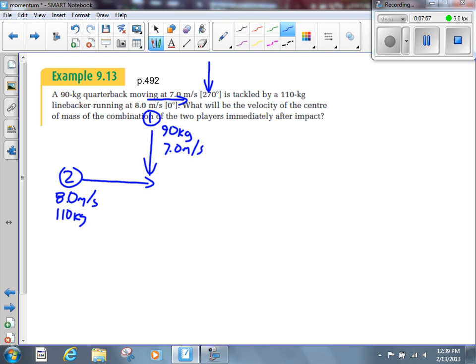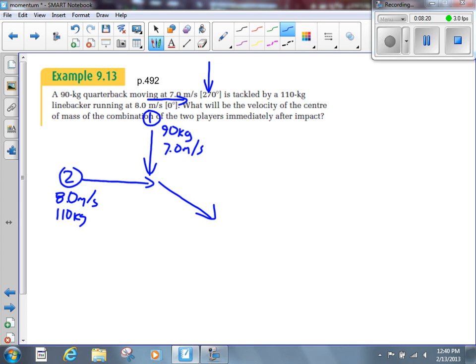It's going to go east and south somewhere. Exactly where, we're not sure, but it's going to go somewhere down in that range, right? If you've got a momentum that's to the right, there's got to be momentum to the right after the collision as well. If you've got a downward momentum before, there's got to be a downward momentum after.